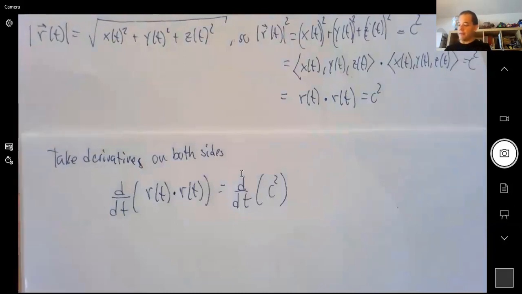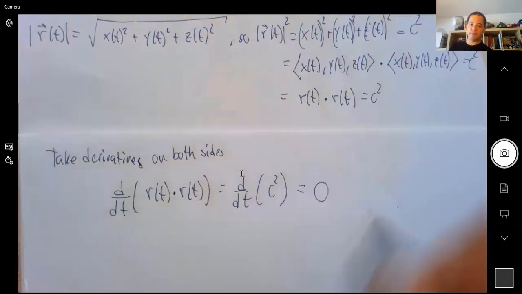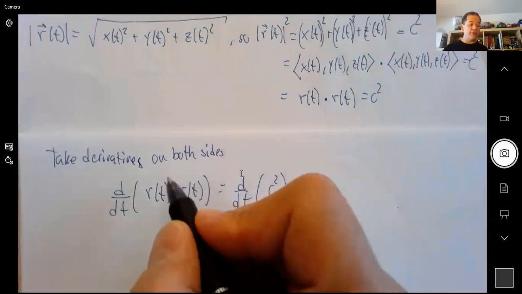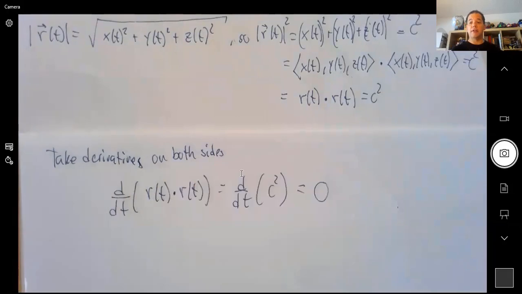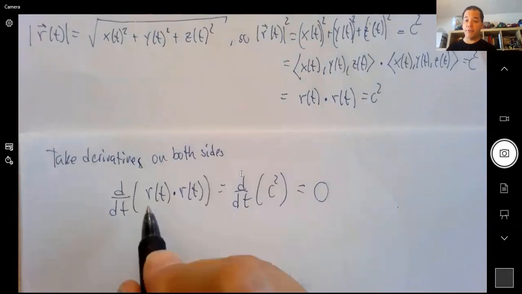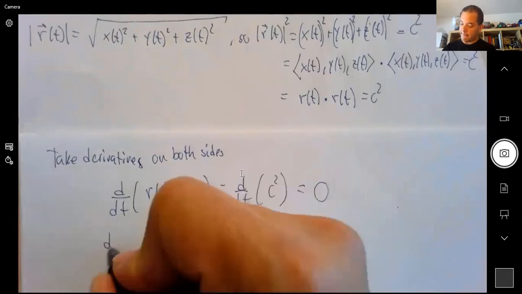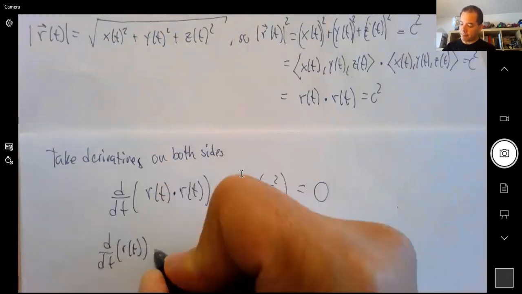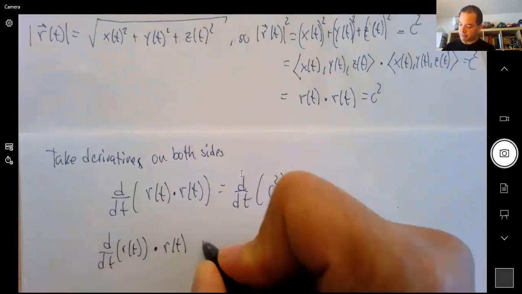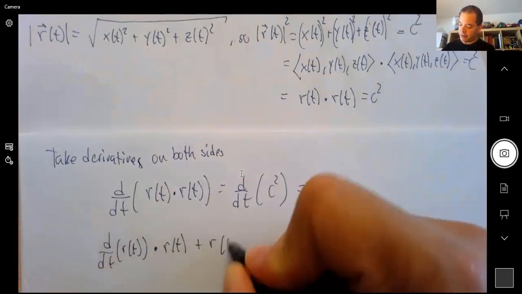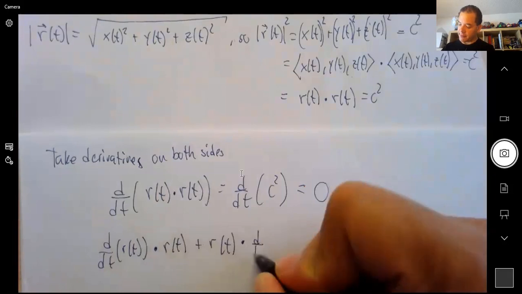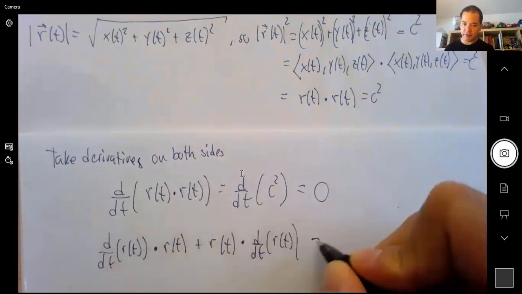Now, the derivative of a constant is just 0, we know that already. And over here, we could do it the way we learned last class, that there's a product rule for the dot product. So following the product rule, this would be the derivative of the first one dot the second one, plus the first dot the derivative of the second one, equals 0.